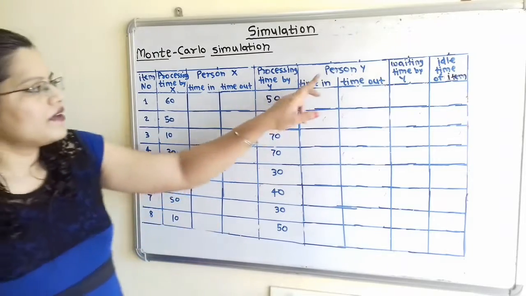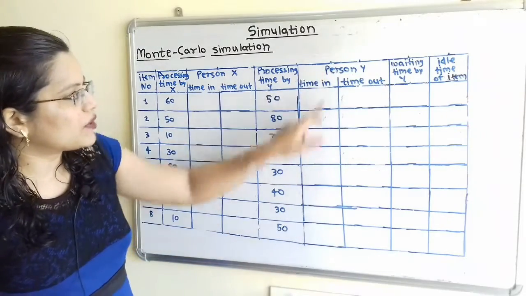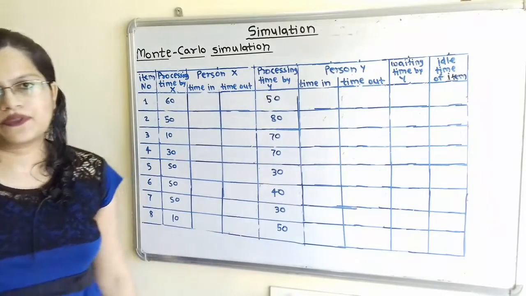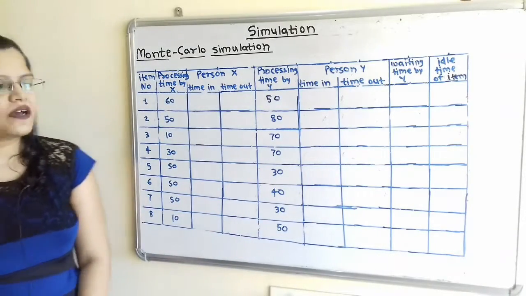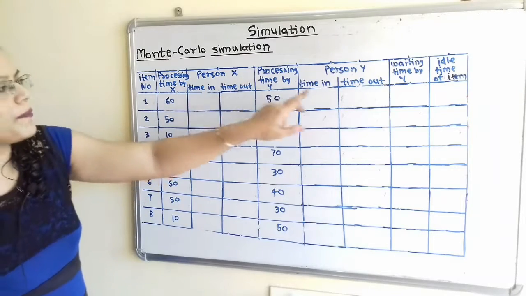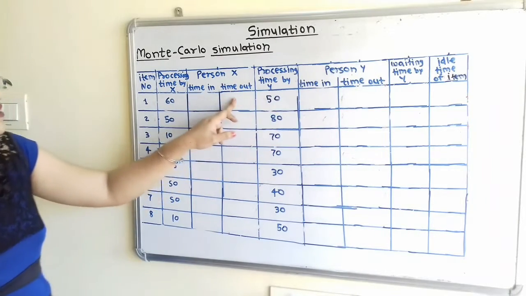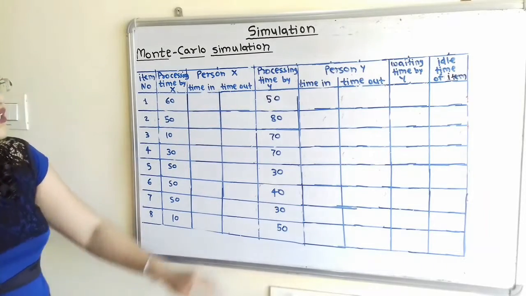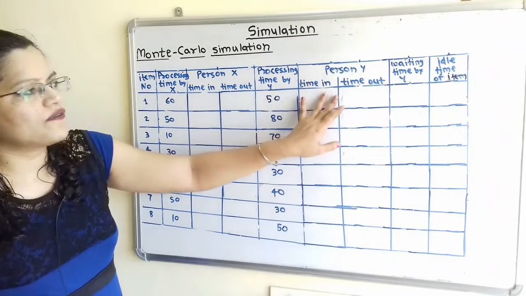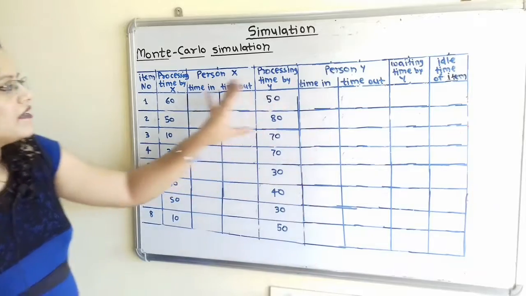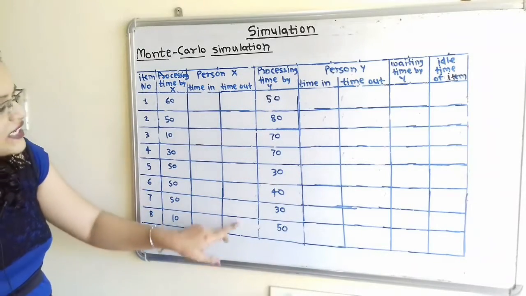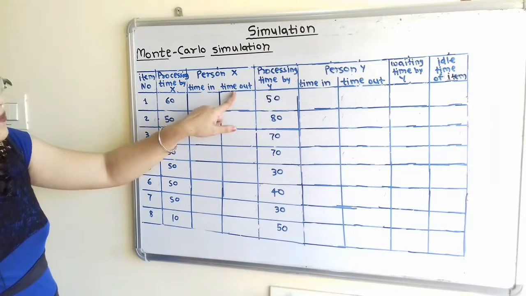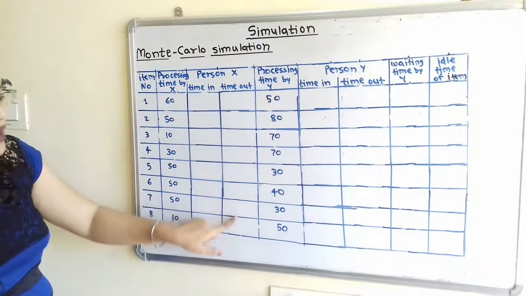In the same way, the time in to the person Y for the items and the time out. The item will transfer to the person Y only after it is finished by the person X, so the time in to the person Y depends on the finishing time of the person X. Here it is important to know the time out.